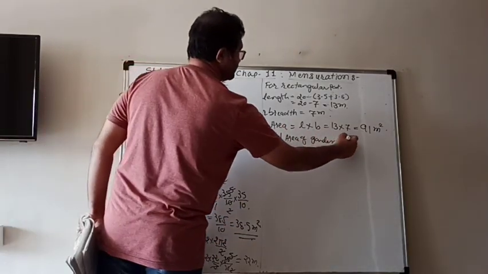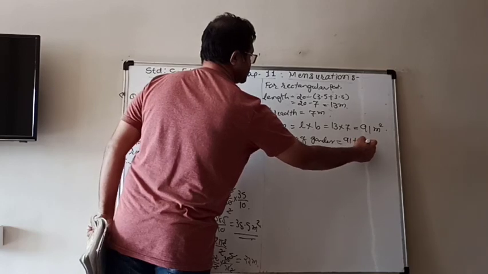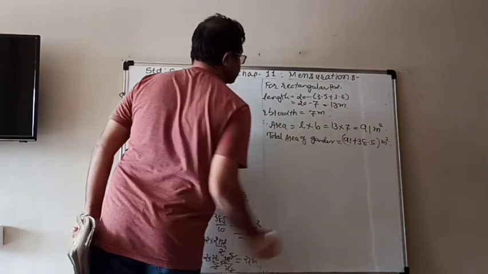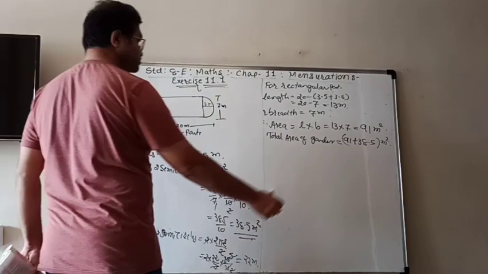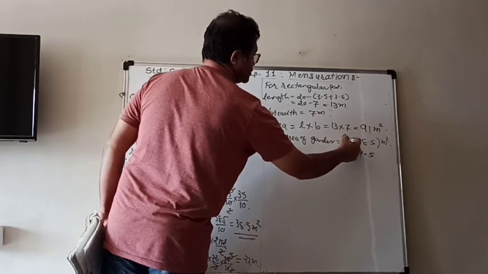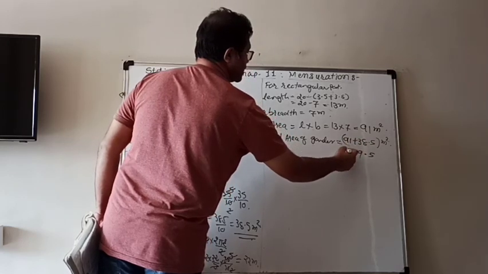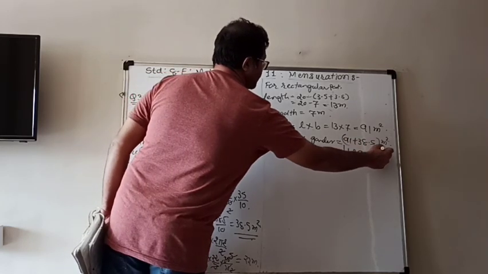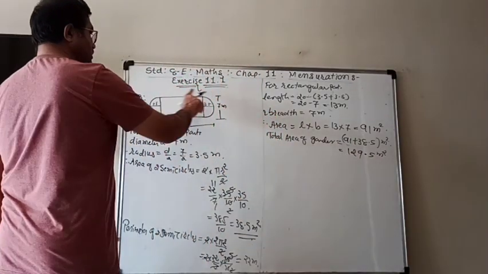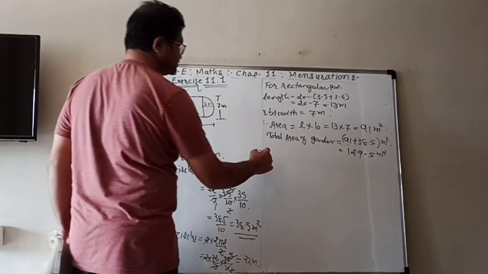Means 91 plus 38.5 meters square. And then it will be 129.5 meters square.